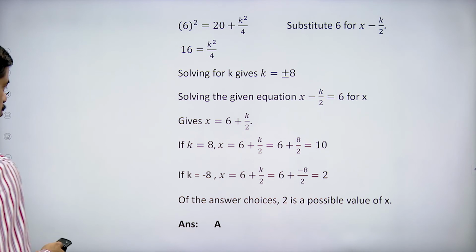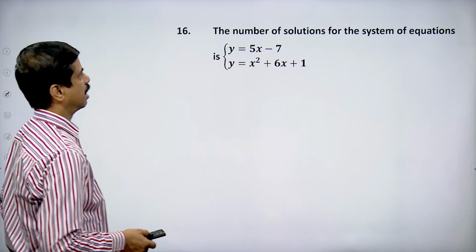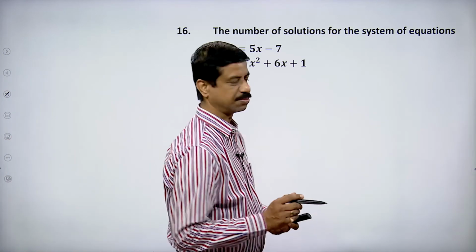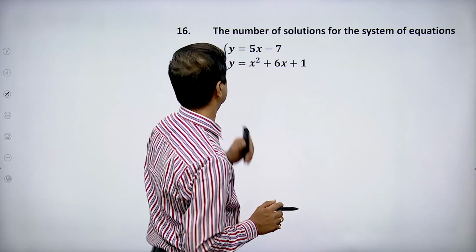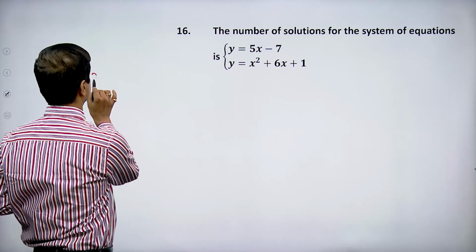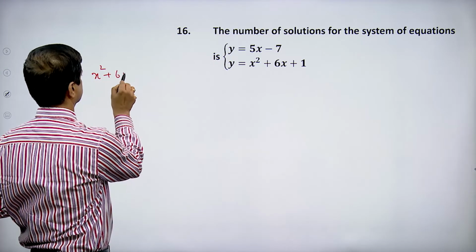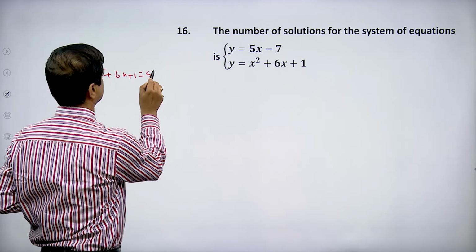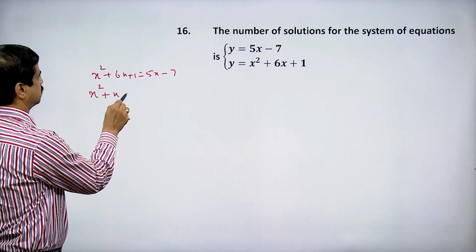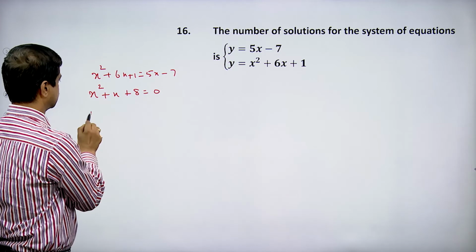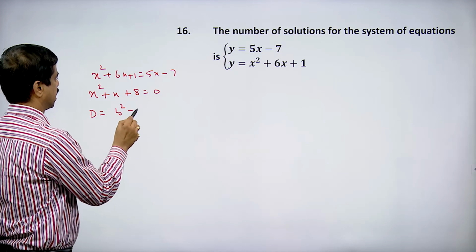Okay, so let us go to the next question. The number of solutions for the system of equations. So, children, y equal to this and y equal to this. Let us take the y terms as equal. You will be getting it as equal to 5x minus 7. Simplify: x square plus x plus 8 equal to 0. What is the discriminant? b square minus 4ac.